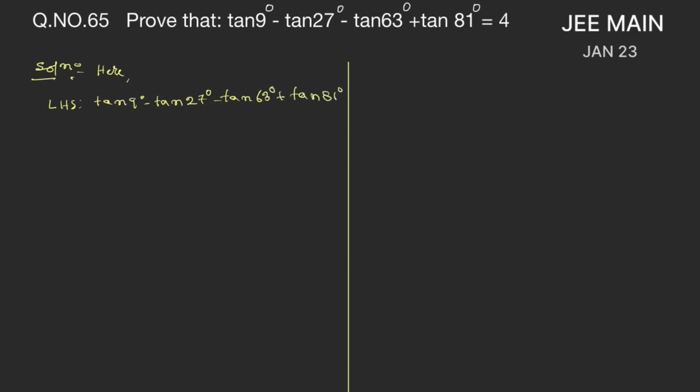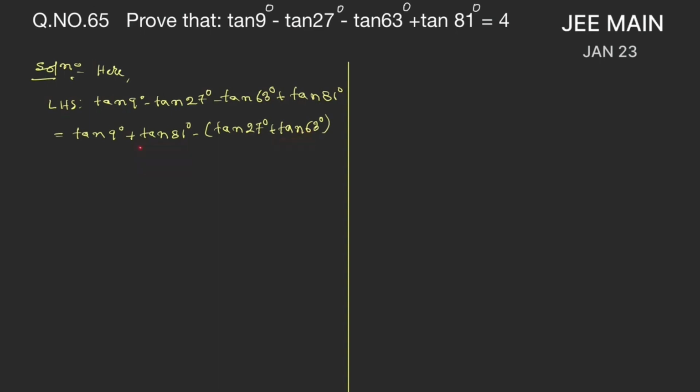Now we rearrange the term, that is tan 9 degree plus tan 81 degree minus tan 27 degree plus tan 63 degree.